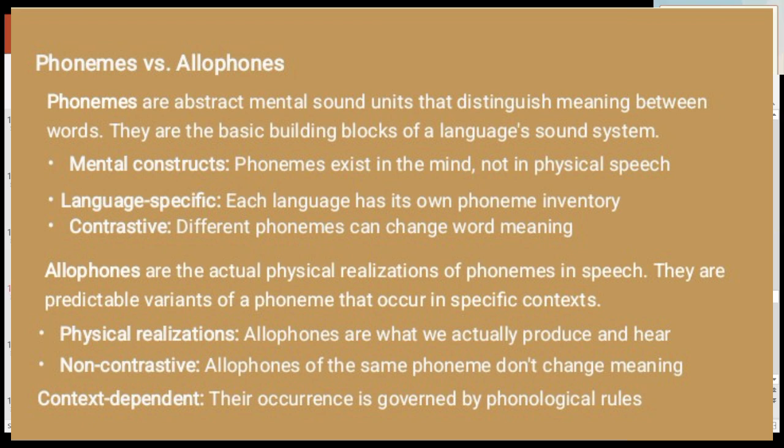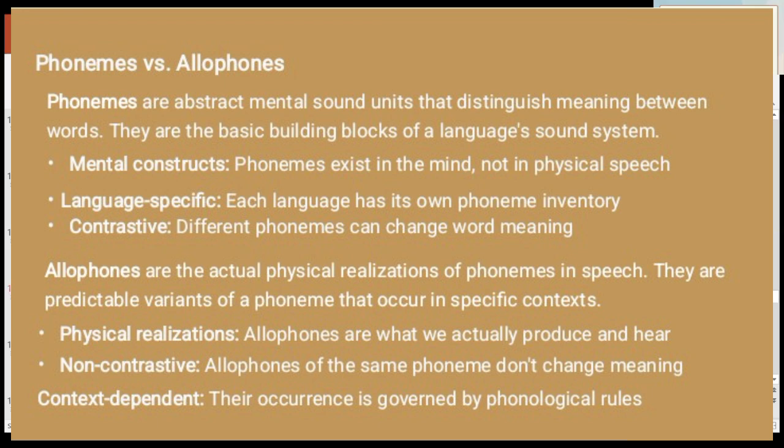If you don't listen clearly, you will not hear that there is a lateral there. That's simply because it is the dark allophone that is there. It can also be syllabic, as in the last syllable of bottle. We still have the lateral there, but this time around it is syllabic.